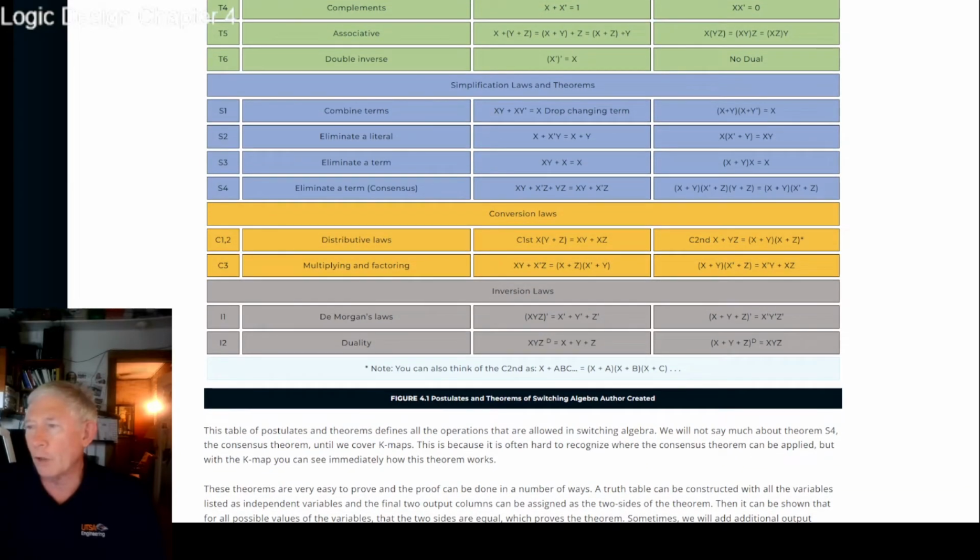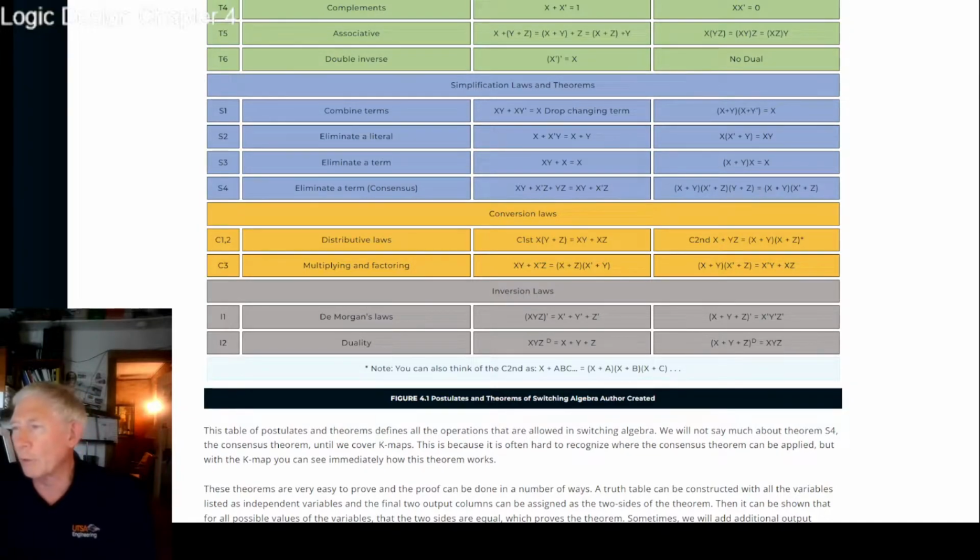The simplification laws, where we combine terms. Now, this is really important. If you have xy plus xy prime, you can drop the y because it changes, and everything else stays the same. You could do the same thing with wxy and wxy prime. You would still drop the y, and you'd wind up with wx.